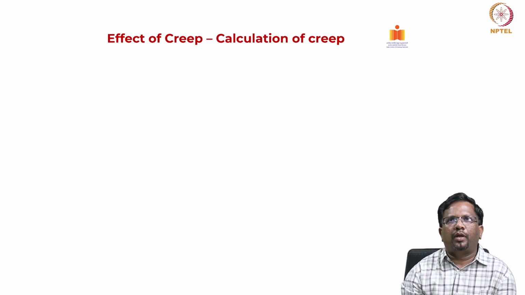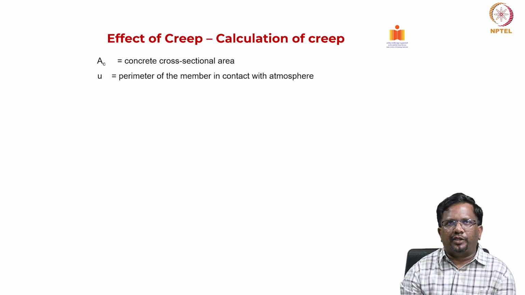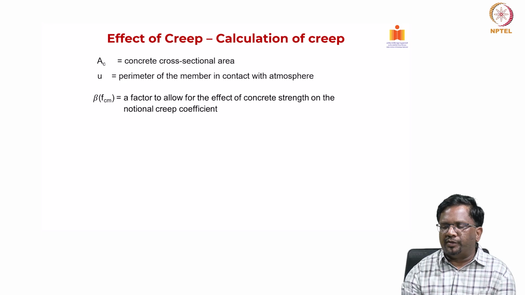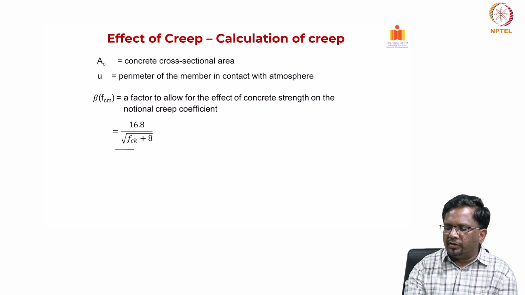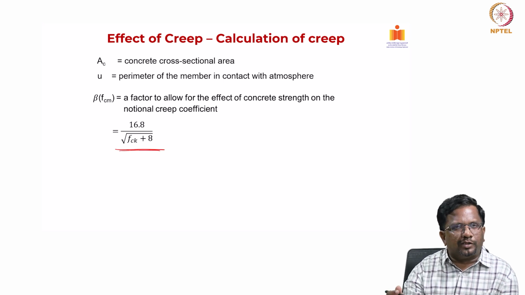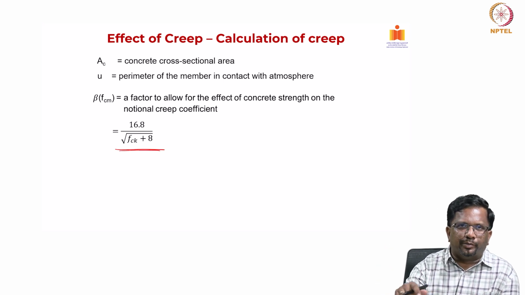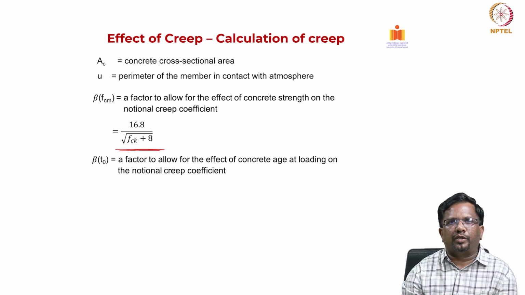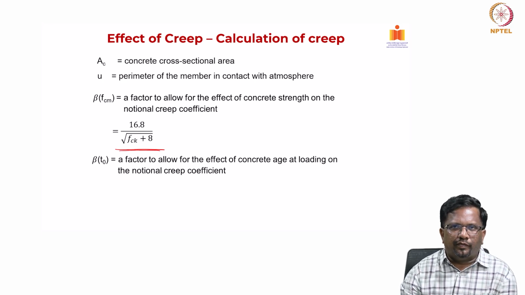Now, AC is the cross section area, U is the perimeter that we talked about, and beta FCM is a factor that allows for the effect of concrete strength on the notional creep coefficient, which is given by this beta factor. Again, higher the strength of the concrete, less will be the creep, so we have to account for that. And beta T naught is the factor to allow for the effect of concrete age at loading.